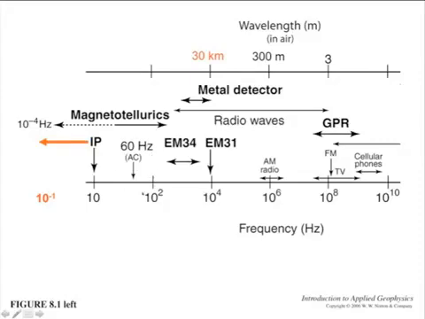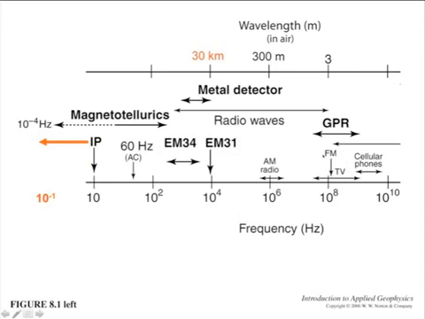Alternating current, AC power in the U.S., is at 60 hertz, so that's about here on the scale. AM radio is effectively in megahertz, right about 1 megahertz.